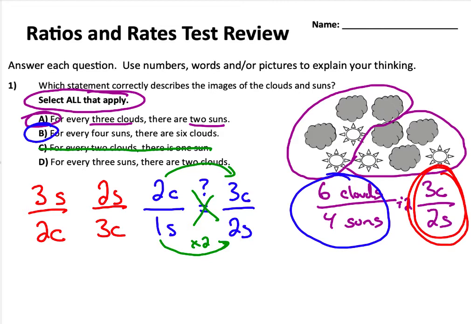They do have a 3 and a 2, but it's 3 suns instead of 3 clouds, and instead of 2 suns, they have 2 clouds. Because the terms weren't right, this one's not going to work either. So it matters which kind of picture each of those numbers is representing. We work through each one of them and check it against the information we have to see which one works.